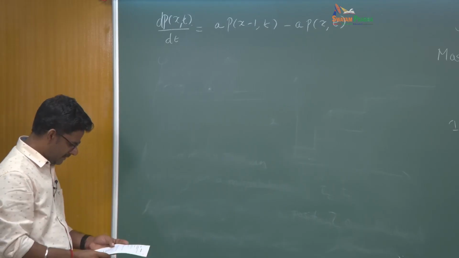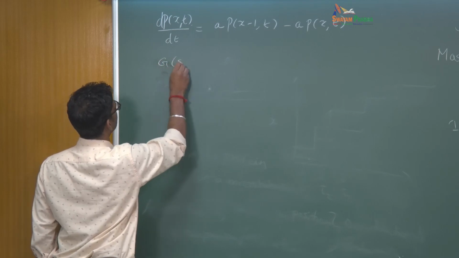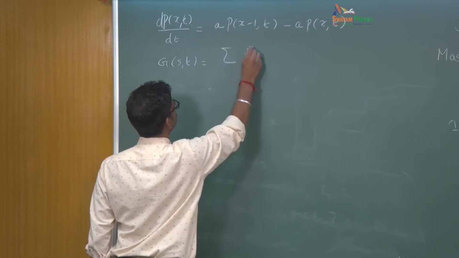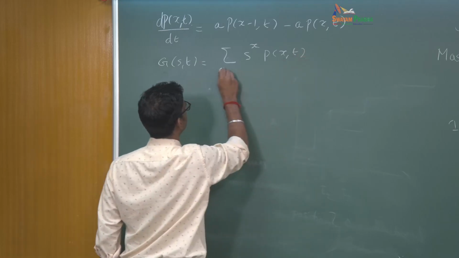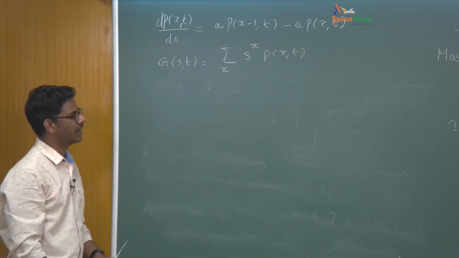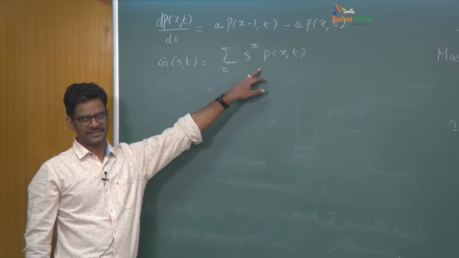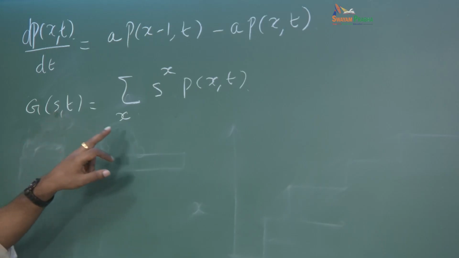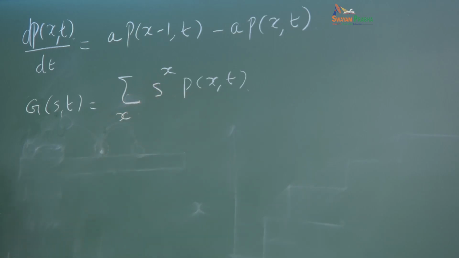So like in the last class, to solve this, we will define a generating function. In the previous class, I defined with respect to some number n, but here I am using x. Okay, so s is a variable that I am trying to define as G equals sum over all possible x, s power x, P of x comma t.